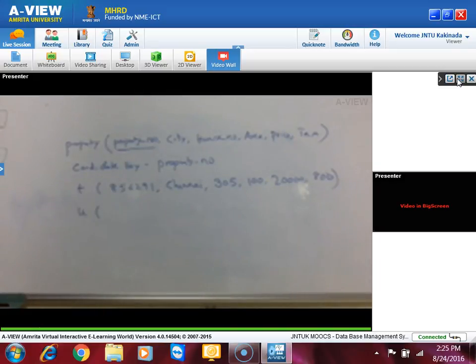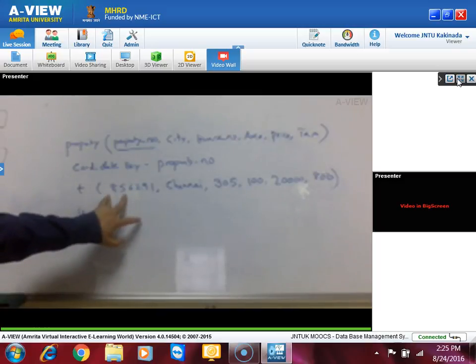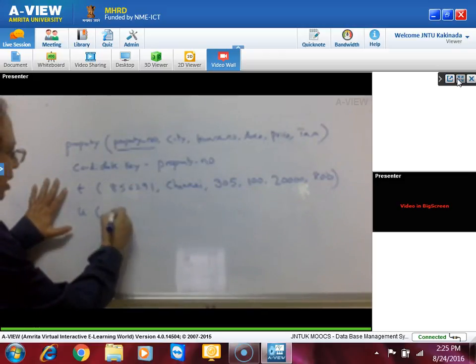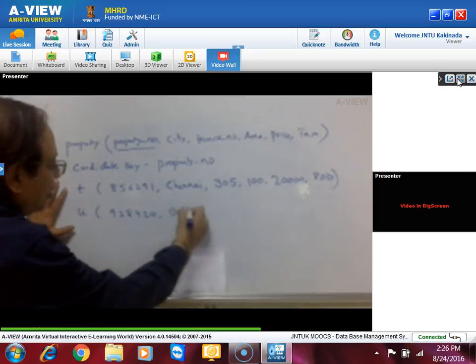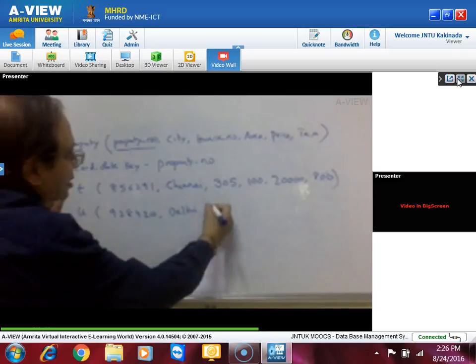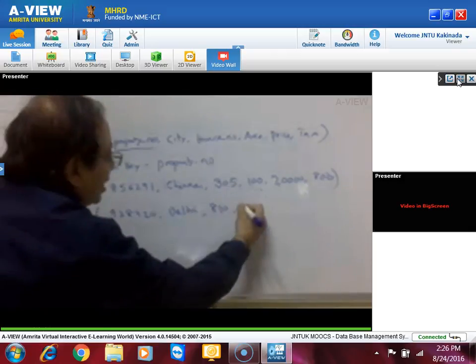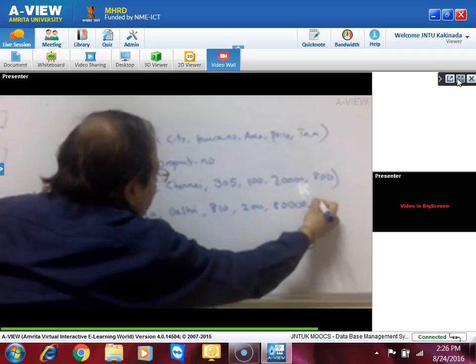So there can be another instance of this tuple. There can be multiple instances. There could be millions of these records. Since it is going to be a 6-digit unique number, this is going to be about a million records. And another tuple, let's say 92820, located in Delhi. Let us say the house number in Delhi is 10, the area is 200, and then the price and the tax.